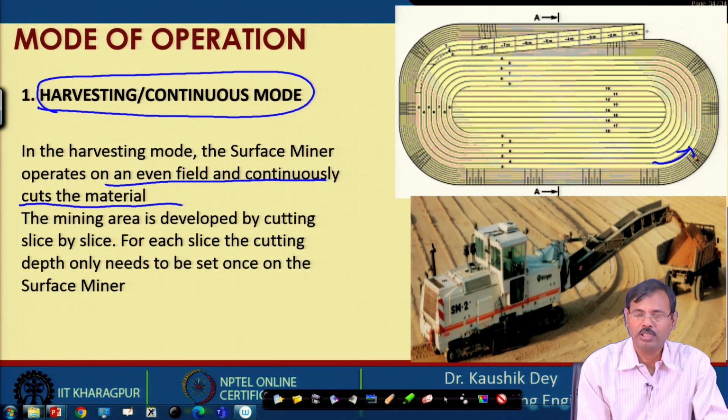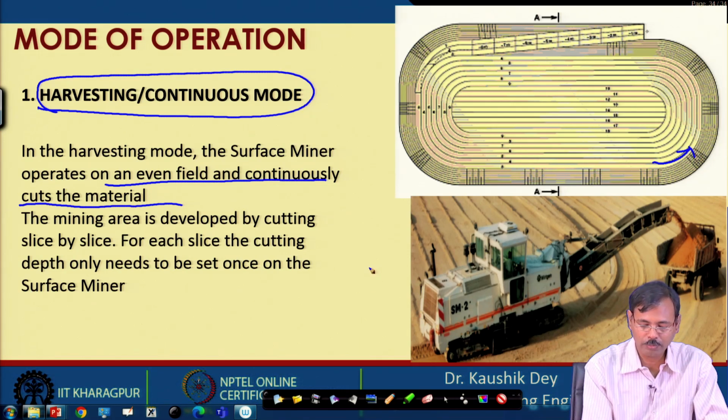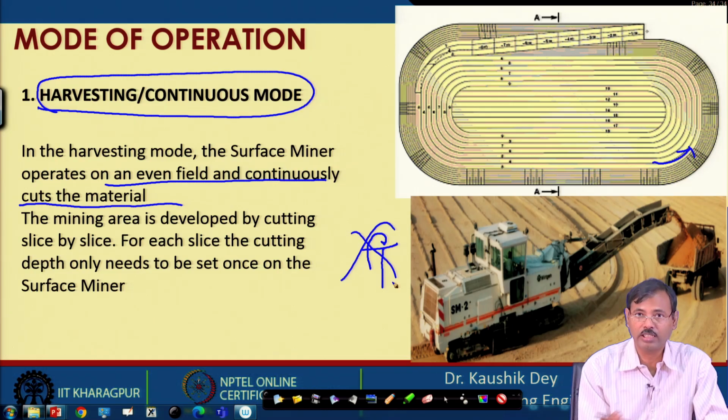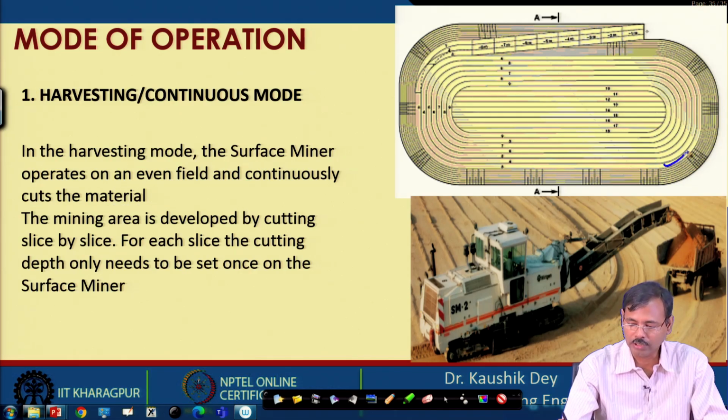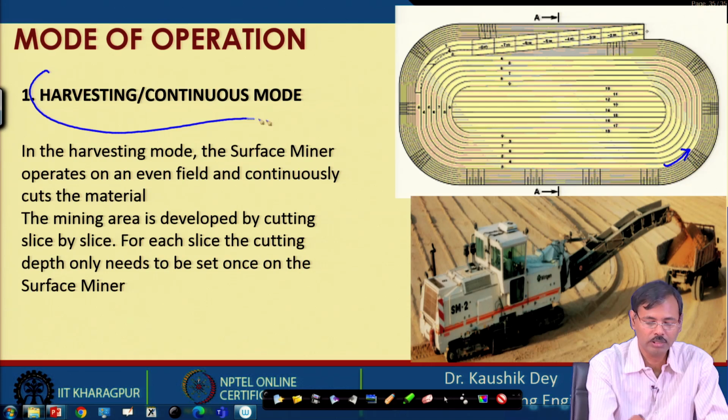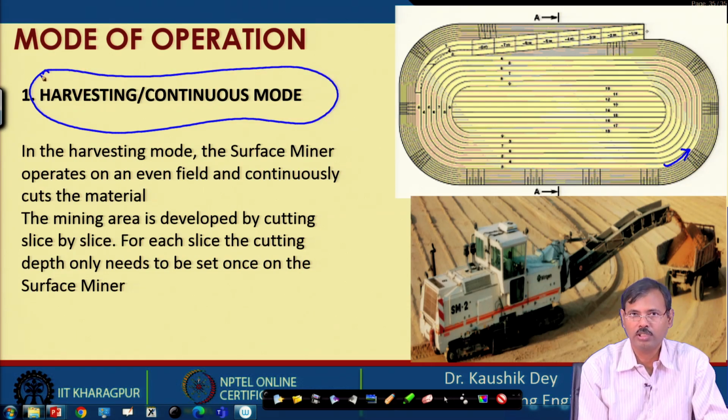So, in one of the videos in the previous lecture we have seen the surface miner was allowed to turn back and again it was allowed to cut. In this case there is no question of turning. That turning was found to be non-productive hours, because during the turning time cutting was not carried out. Here the turning is allowed along with the cutting.